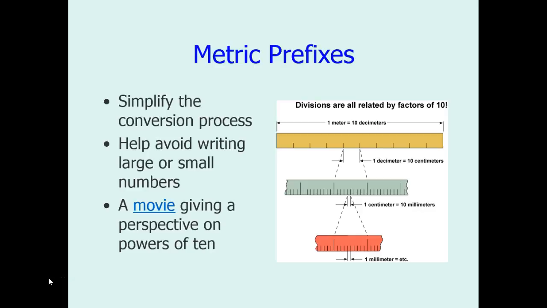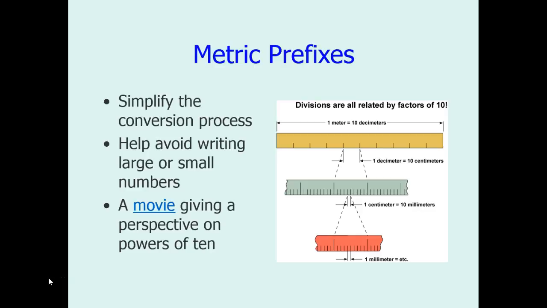That would be 100,000 meters. That's a huge number. So by using the prefixes, you can have a normal number with a small unit, 1 millimeter, rather than 0.001 meters. It helps avoid either very large or very small numbers.